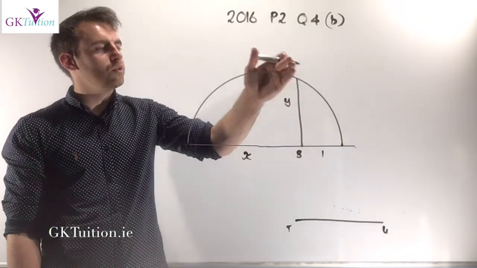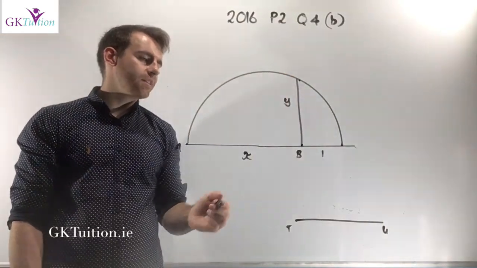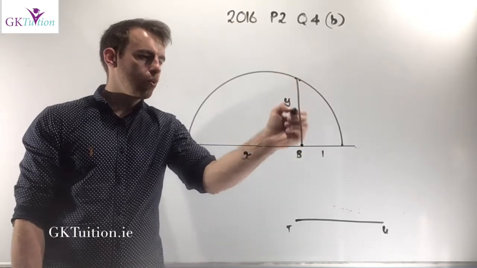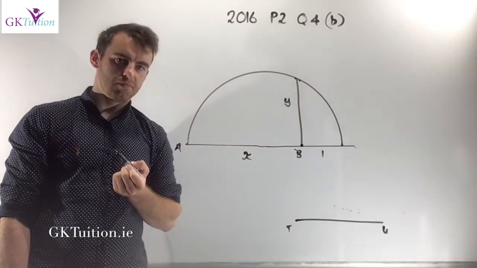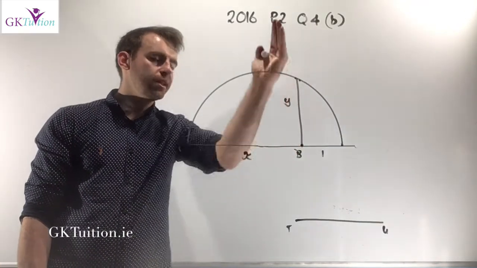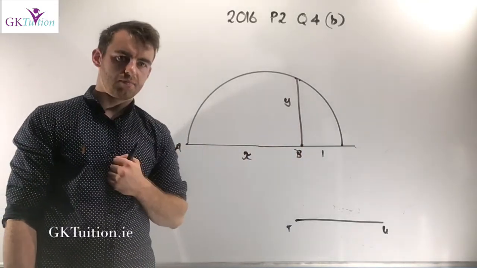Once we drew a semicircle, if you go up from B, the distance from B to the circle is equal to the square root of AB. So the distance from B to the circle, the perpendicular line here, is equal to the square root of AB.